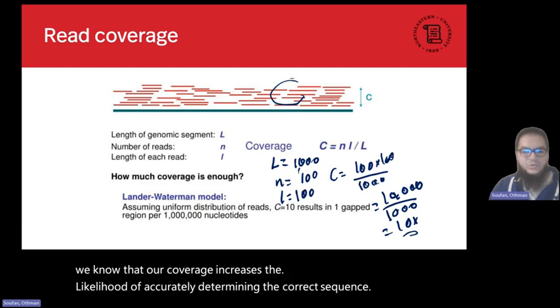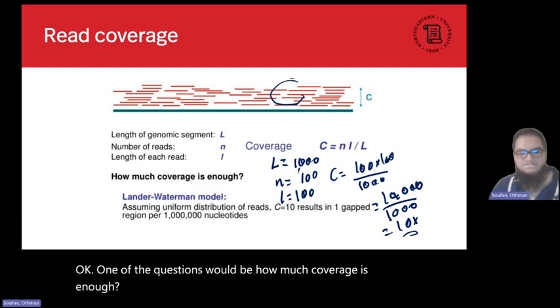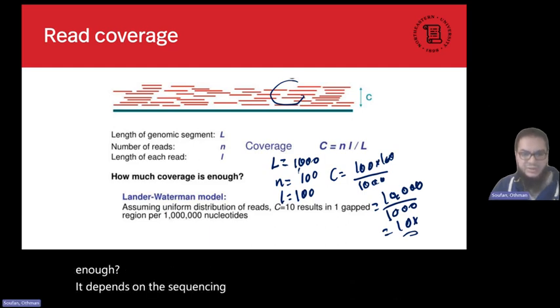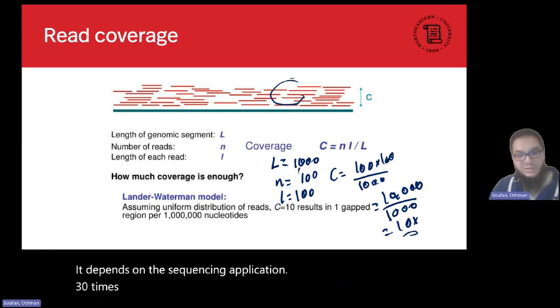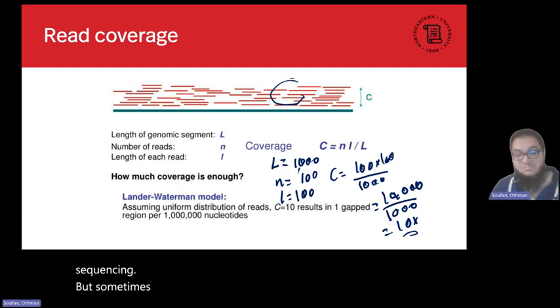One of the questions would be how much coverage is enough? It depends on the sequencing application. 30 times coverage might be adequate for whole genome sequencing, but sometimes higher is needed, and so on and so forth.